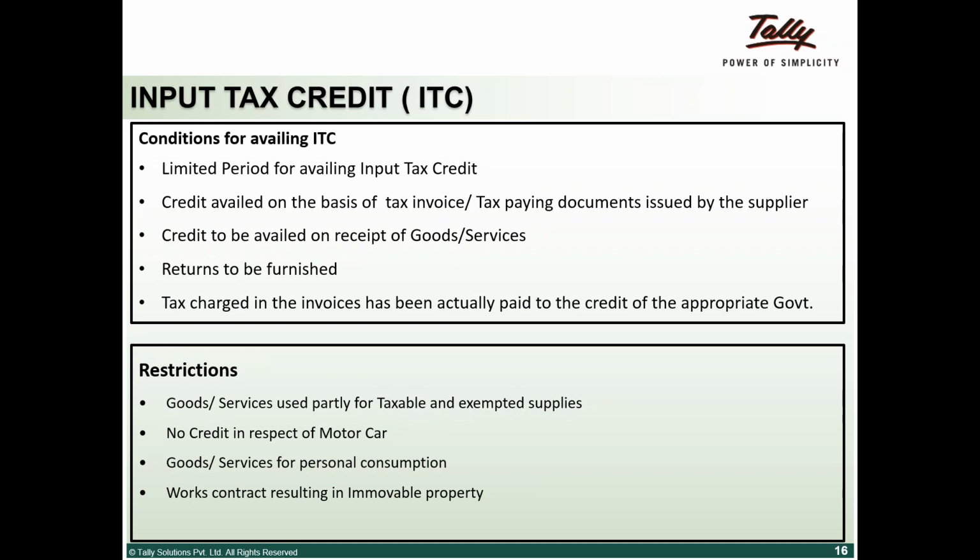Just to give you a background of what input tax credit is, most of us should know what it is, but just in case a few of them don't know. I'm a manufacturer and I buy something from another supplier and I sell it to probably the next person in the chain. What happens is there is a tax that is charged on me, and I pay the tax.